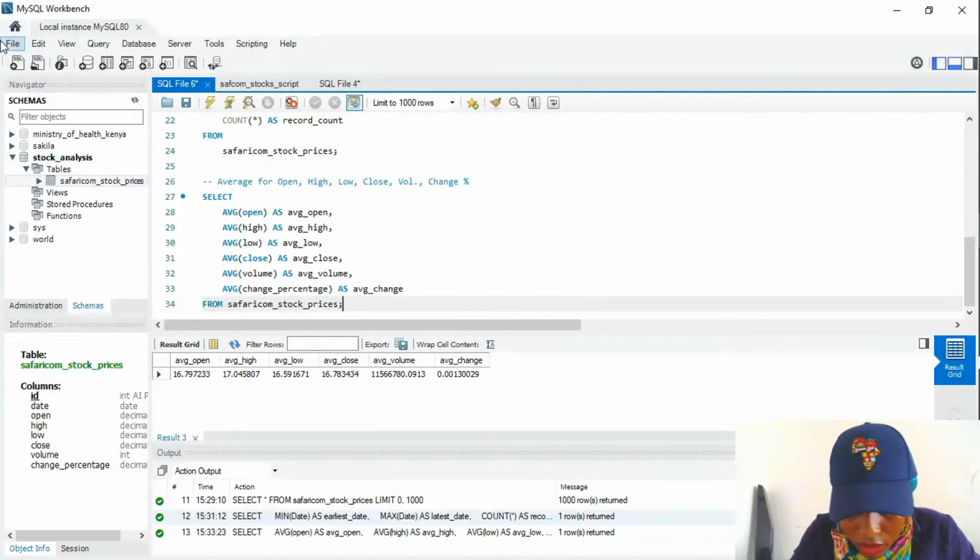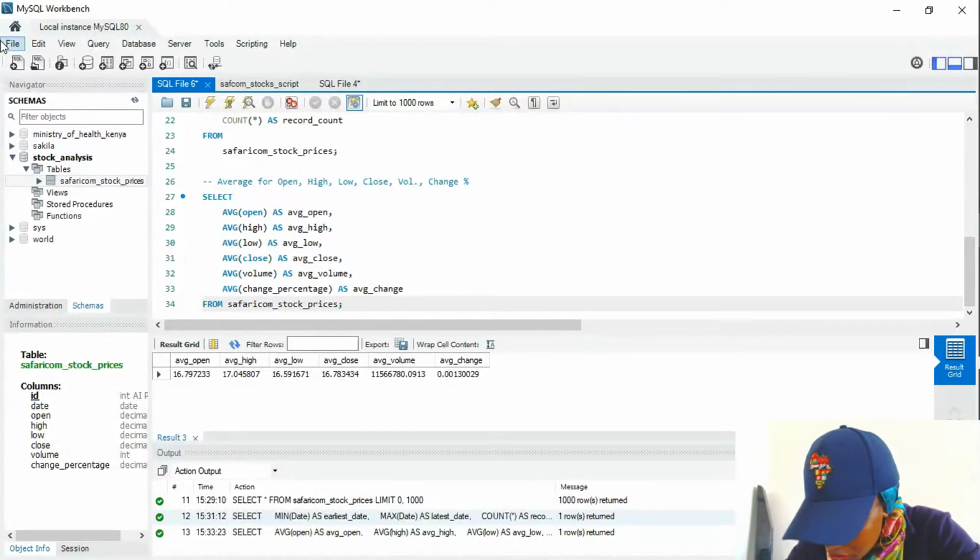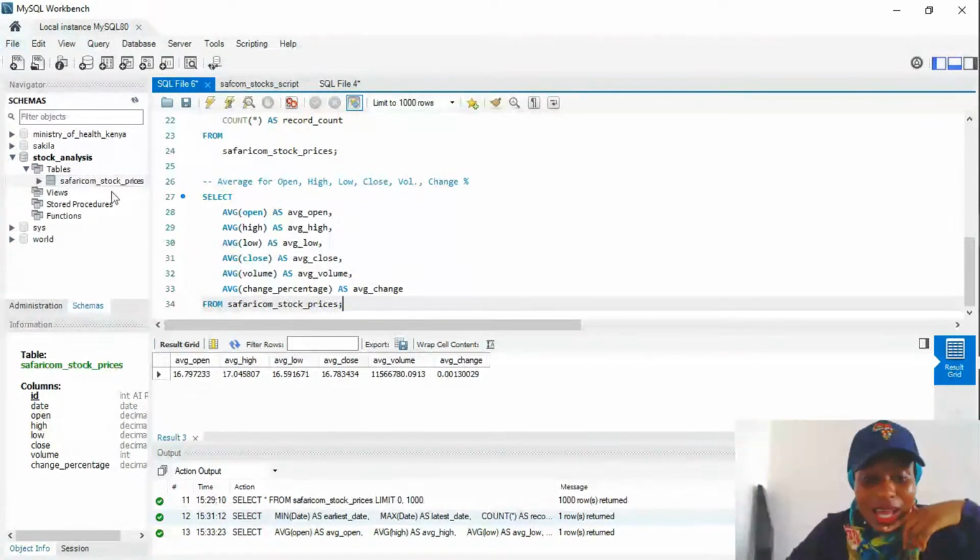Volume is 11,056,780 points, that one. And then now the average change is 0.0013. Now you realize these ones, the decimal points are quite numerous, because we haven't given any restrictions for the rounding, but that's still okay.